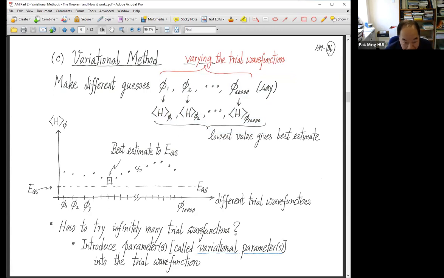So I sketch it here. The horizontal axis is unrelated because each one is a different trial wave function. Then you dot all the expectation values. There exists an unknown ground state energy. Then you can pick among these 10,000 values the lowest one.